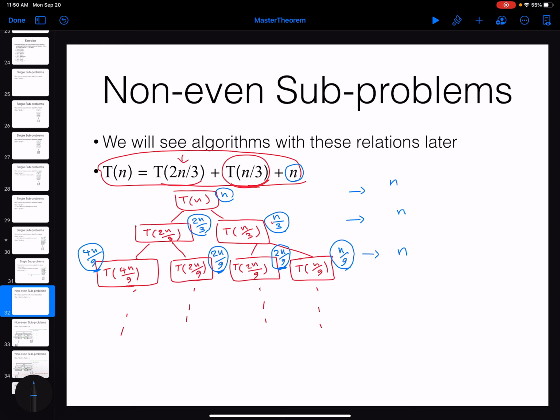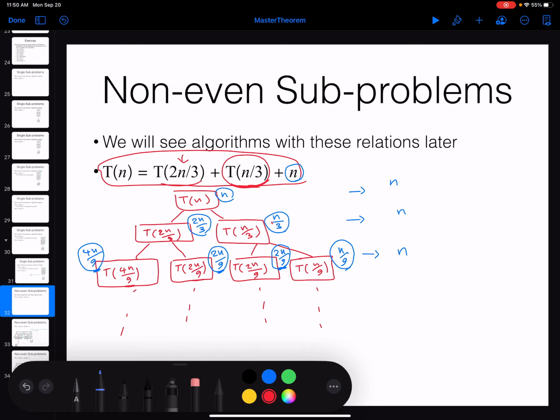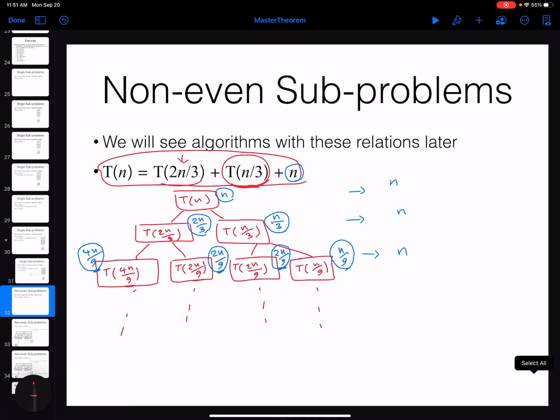Something about this tree that I should consider is that it is not going to be a full tree until the leaf level, like the previous trees. In this case, some of the branches, like this one, are going to reach T of 1 much faster than some other branches, like this one, that take longer to reach T of 1, right?